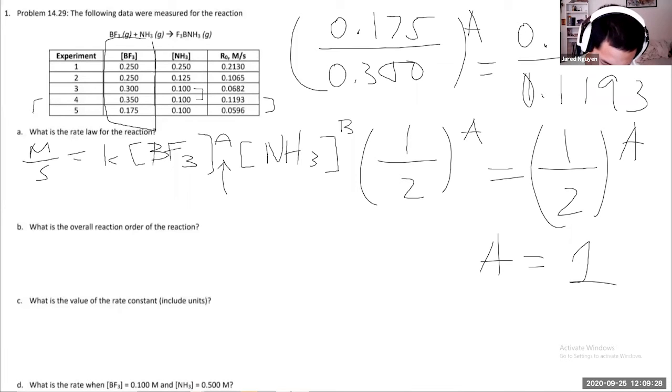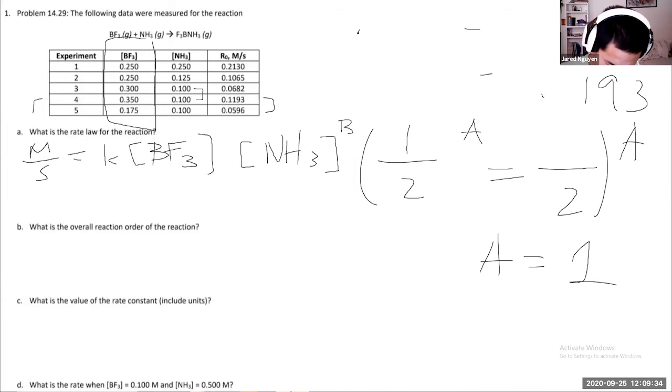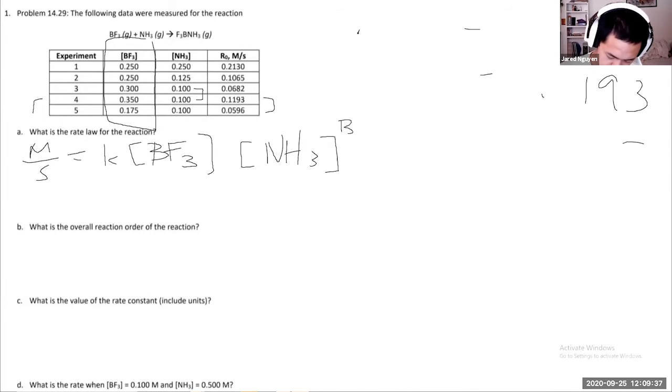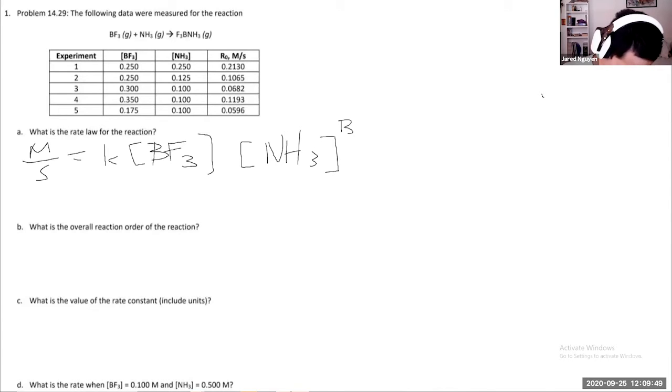So I'm going to clear this out. We know that the rate for A is 1. Now let's do it for B, or NH3. Same thing: we want to find two experiments in which BF3 is constant so that we can solve for the rate.